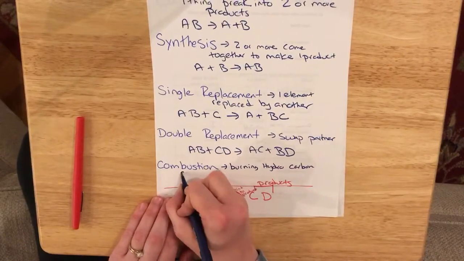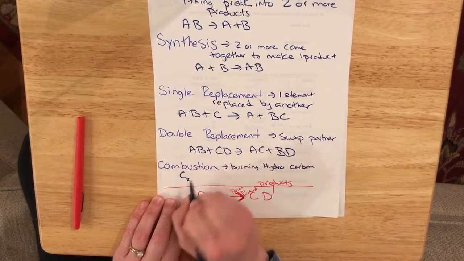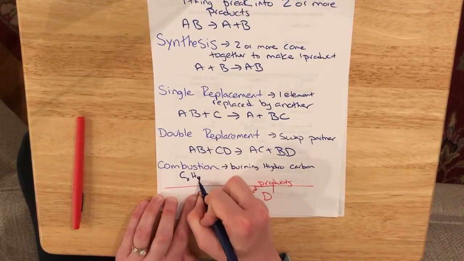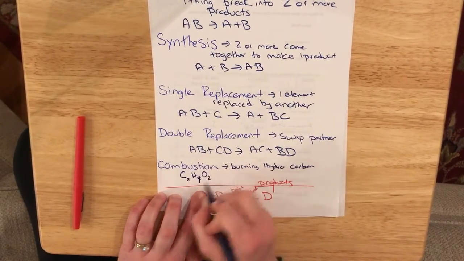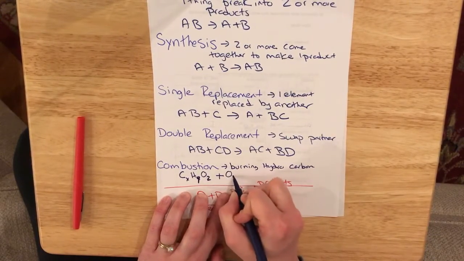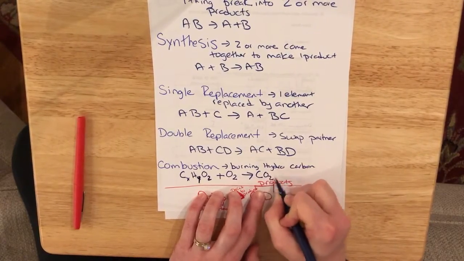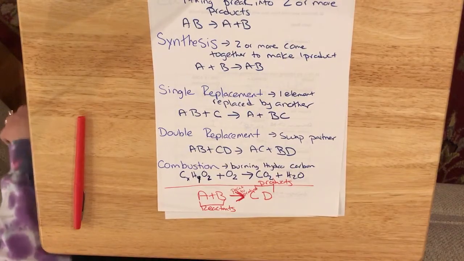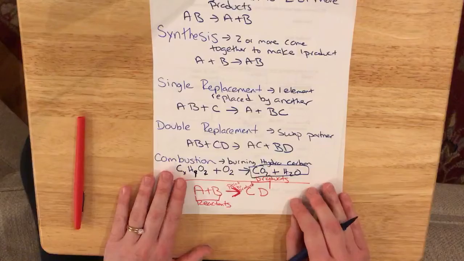So you can have some sort of CxHy, or CxHyOz, some combination of that, in the presence of oxygen, and you're going to make carbon dioxide and water. So whenever you saw carbon dioxide and water produced, you knew that you had combustion.